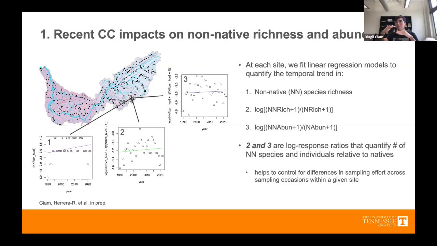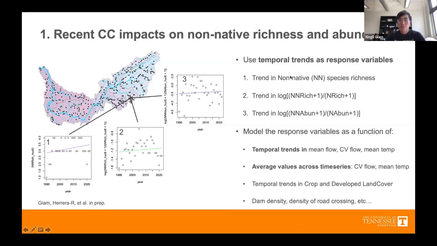And so abundances tend to fluctuate a lot. So by doing log response ratios, we are looking at non-native fish richness and abundance while controlling for the total number of species and total number of individuals that we caught. So it helps to control for differences in sampling effort.